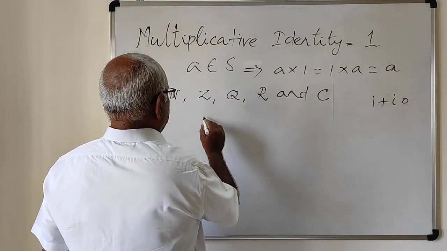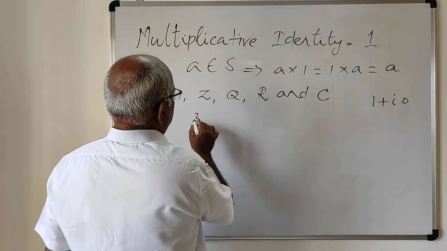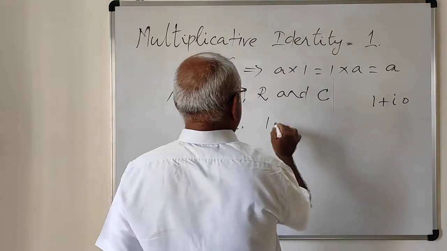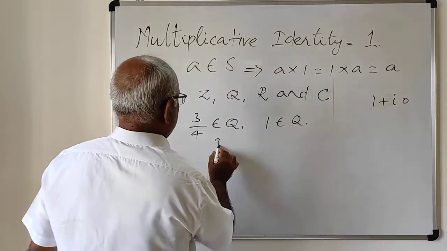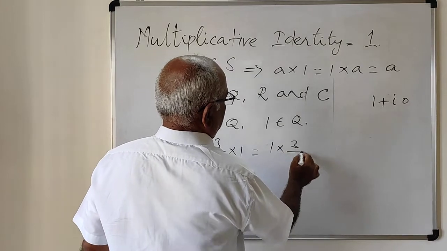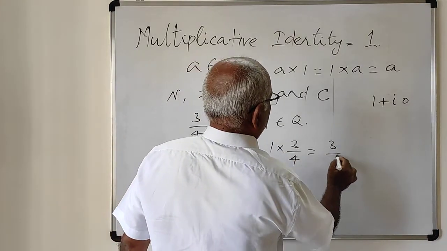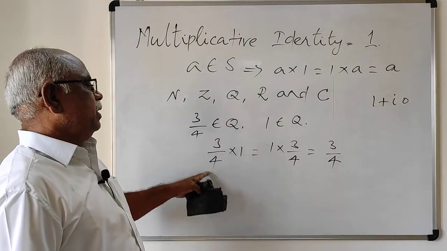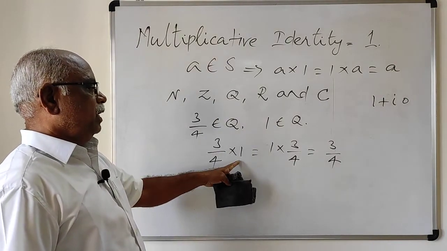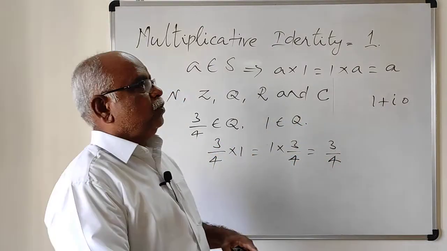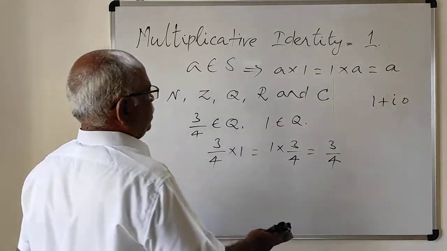For example, 3 by 4 is a rational number in Q, and 1 is in Q. Therefore, 3 by 4 into 1 equals 1 into 3 by 4 equals 3 by 4. Here, the element in the rational set multiplied with the multiplicative identity gives the element itself. So this is the nature of multiplicative identity.